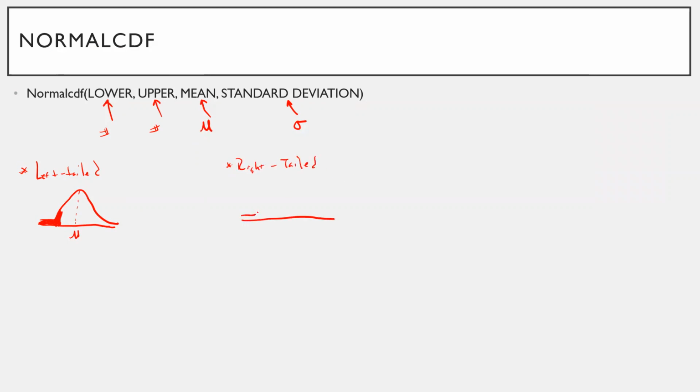That's when your graph of the problem looks like this. And then you have a between probability. It looks something like this. So you're between 2 numbers, A and B.